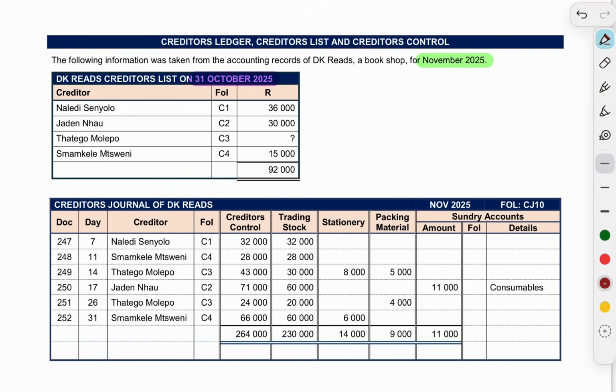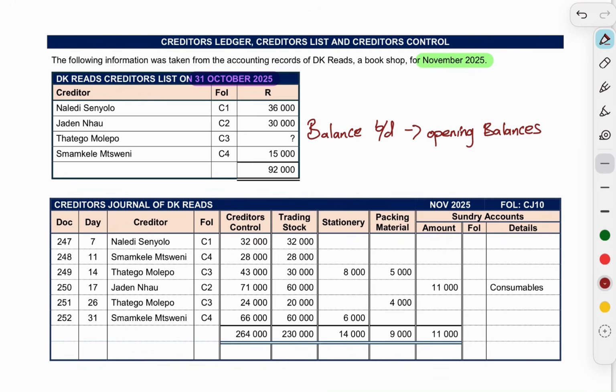So these are the balances that are going to be brought down, or you can say these are the opening balances for November 2025.